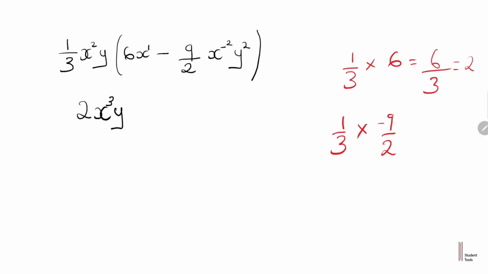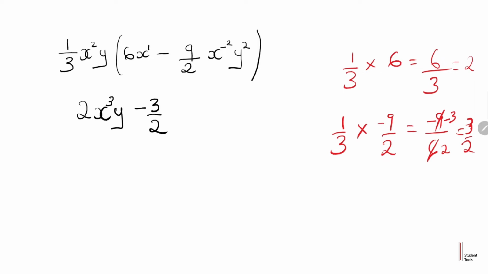So 1 multiplied by negative 9 is negative 9 over 3 multiplied by 2, that's 6. When we divide by 3 here, we get 2, and when we divide by 3 here, we get minus 3. So this is the same as negative 3 over 2. Back here we will have a minus 3 over 2.